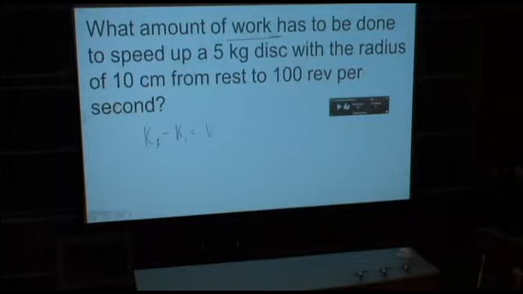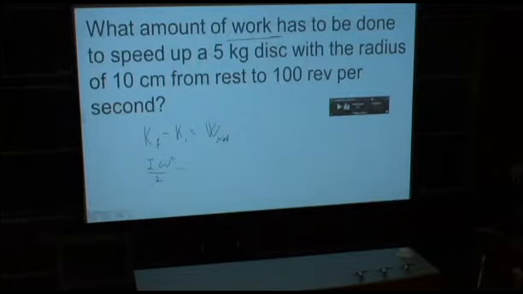the work kinetic energy theorem, but for a solid object making rotational motion, we just have to use different expressions for kinetic energy. Kinetic energy equals this.